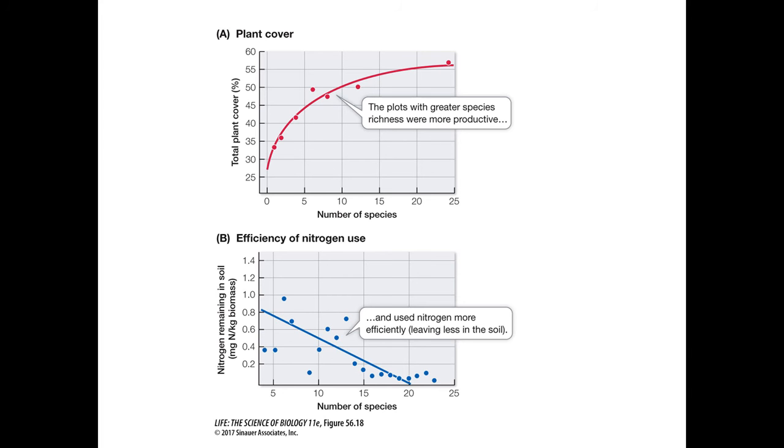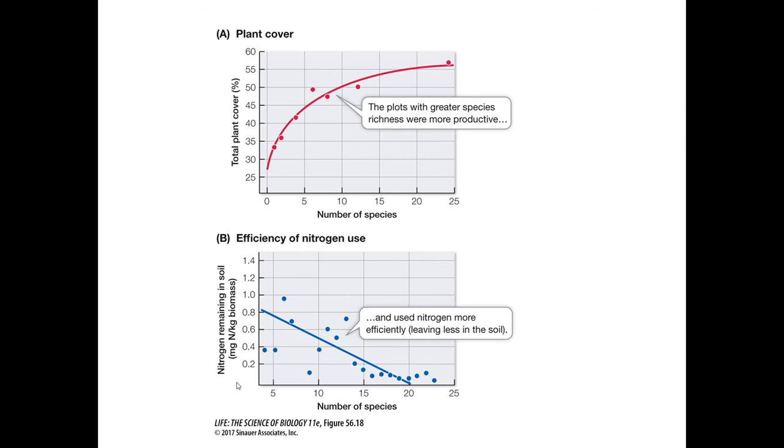The graph on the bottom with the blue line illustrates the same principle using a different measurement. Again, on the x-axis we have the number of species, and on the y-axis we have the amount of nitrogen remaining in the soil. What they're looking at here is efficiency of nitrogen use. If there is less nitrogen in the soil, it means the community did a better job of pulling it up and using it.